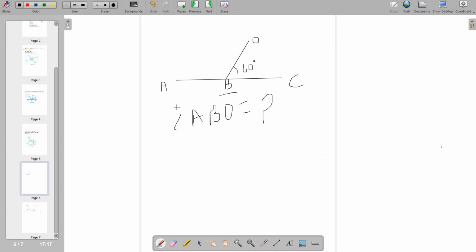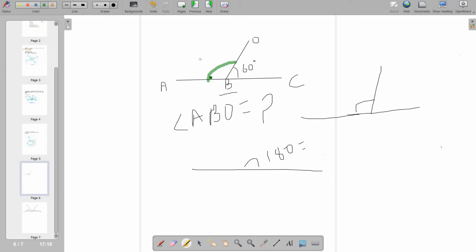Now we know that ABC is a straight line, a straight angle. We know that a straight angle is 180 degrees. There are two angles in this straight angle: angle ABO, let us consider it x, and angle OBC.